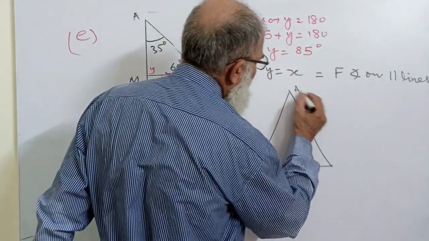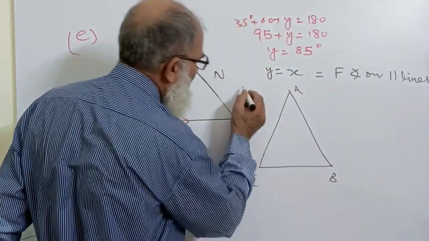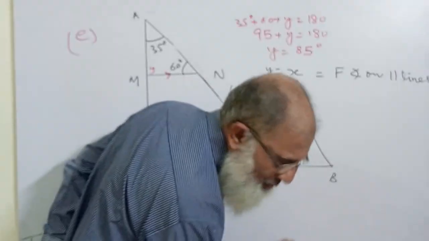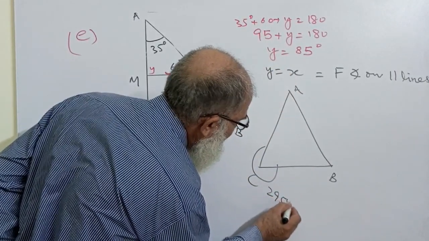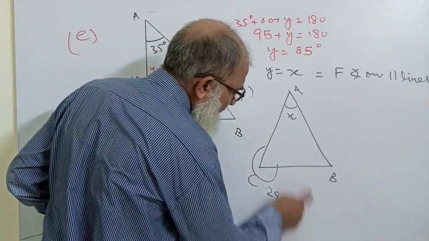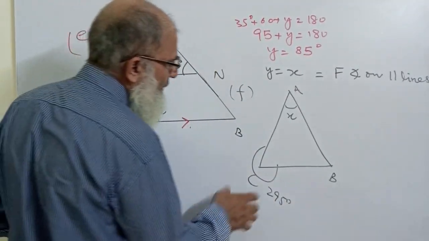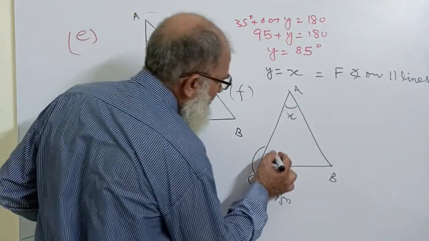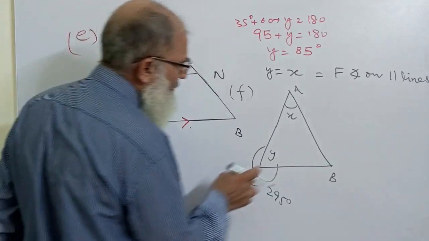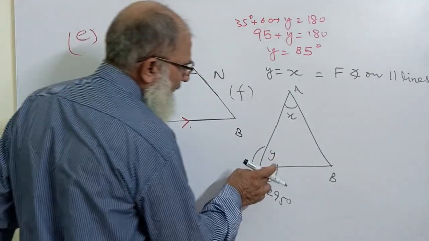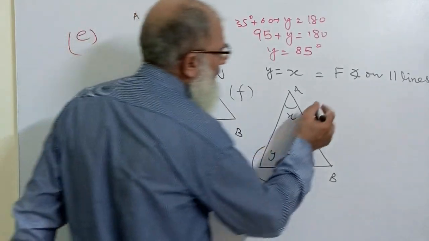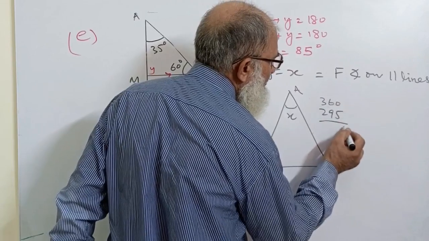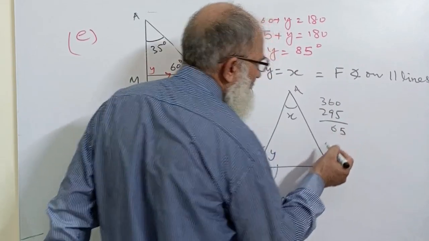ABC, part EF, and this angle is given, and this is 295 degree. You see that, my dear students, this angle is given 295 degree. So it is a reflex angle, and we have to find this angle y. First of all, we have to find this angle y, and if we subtract 295 from 360 degree, it will become 65 degree.